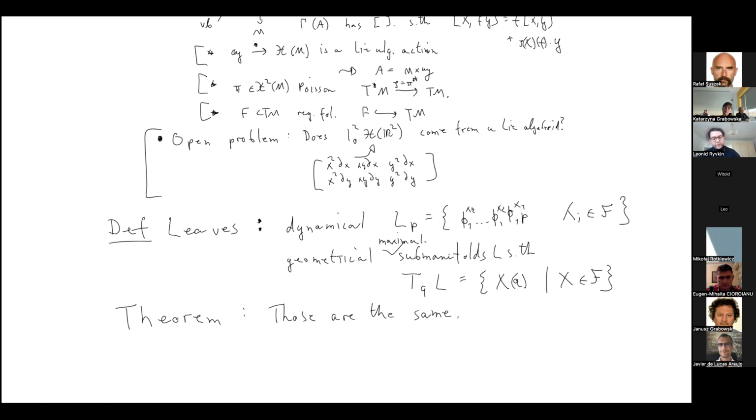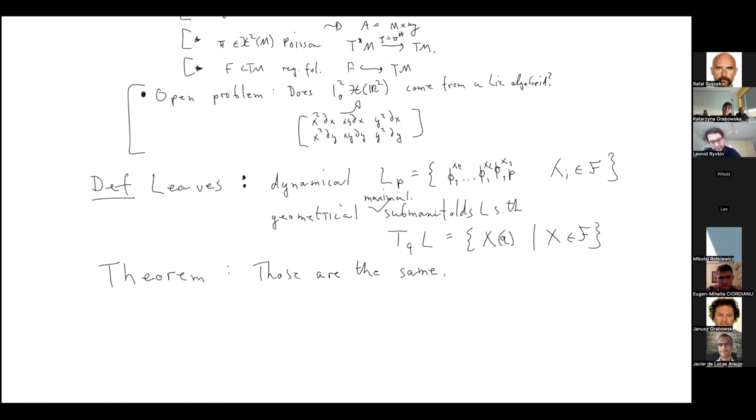And those basically tell us, okay, before we had somehow an equivalence between dynamical information and geometrical, now we can at least recover the geometry from the dynamics.